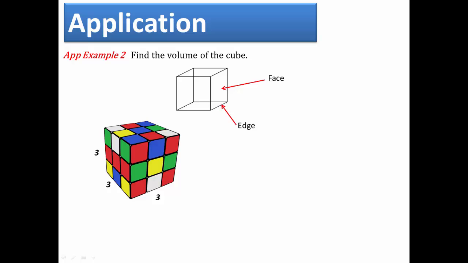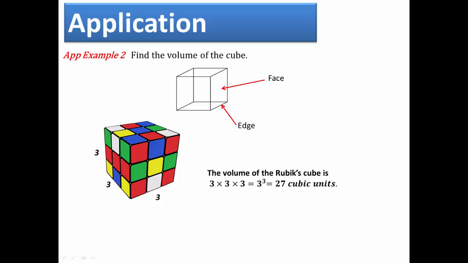To find the volume of Rubik's cube, we multiply 3 times 3 times 3, which is the same as 3 raised to the 3rd power, which equals 27 cubic units. That means there are 27 cubes with sides length 1 that make up Rubik's cube.